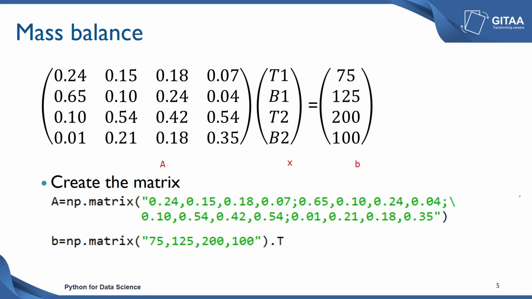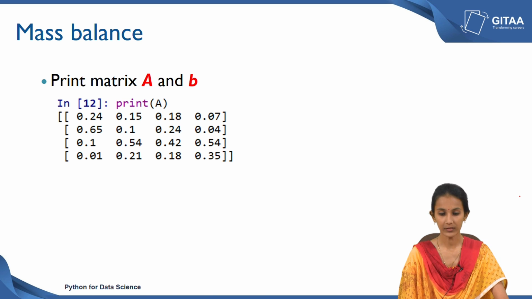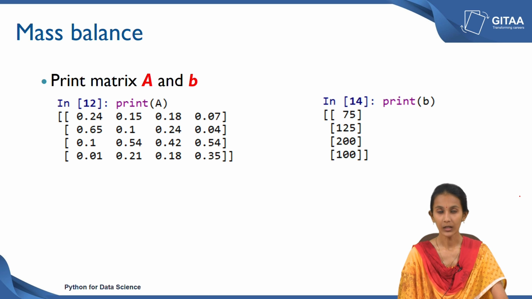We want it in the format of 4 cross 1, which is 4 rows and 1 column, so I have used the dot T, which is for the transpose. Now let us print the matrices we have created. This is our A matrix, a 4 cross 4 matrix, and B is a 4 cross 1 matrix.